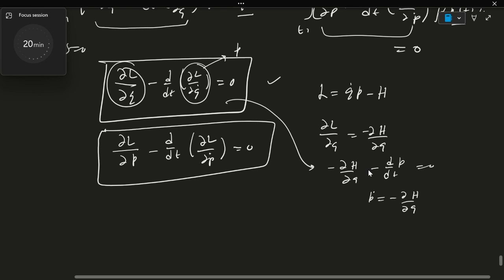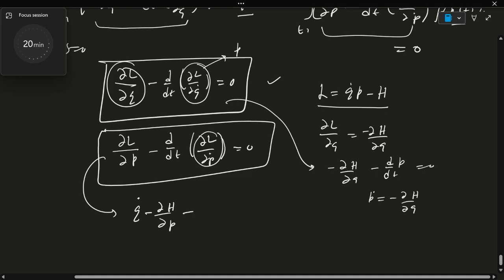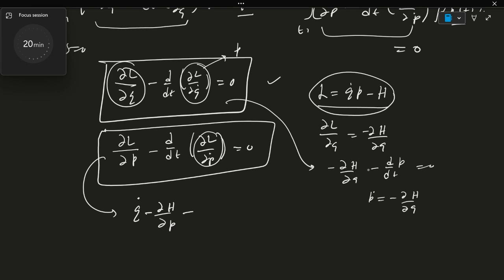Okay, and look here. ∂L/∂p. If you do the ∂L/∂p, you get q̇ minus ∂H/∂p, minus ∂L/∂ṗ. There is no ṗ term. I have said that there is no ṗ term, but we are taking this so that we can take some similar terms in both, so we can visualize it.